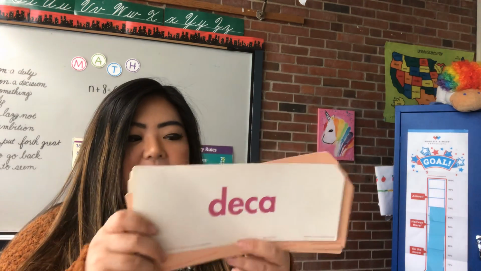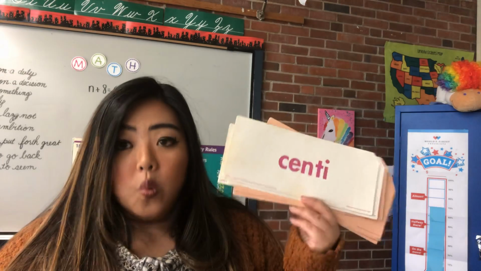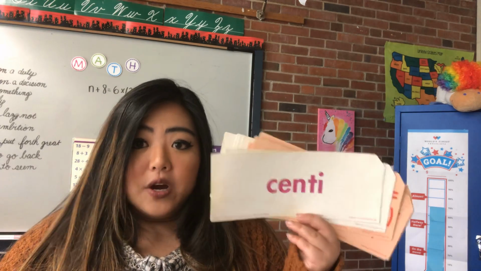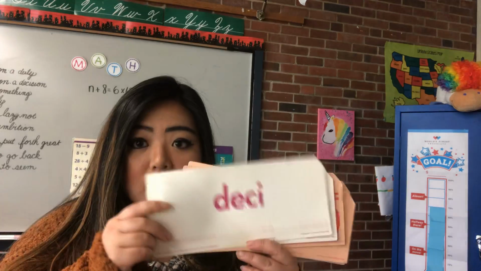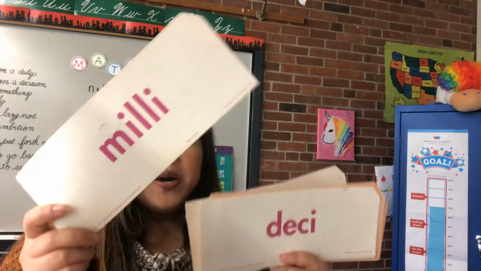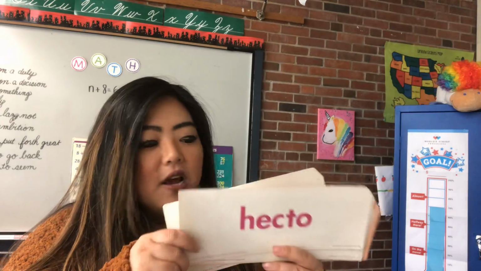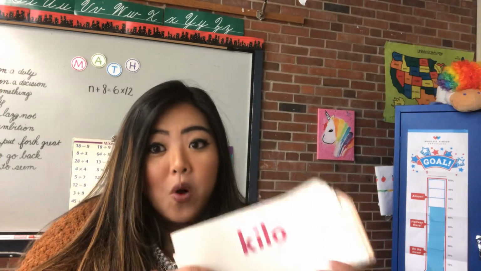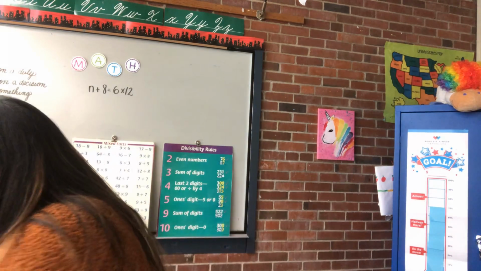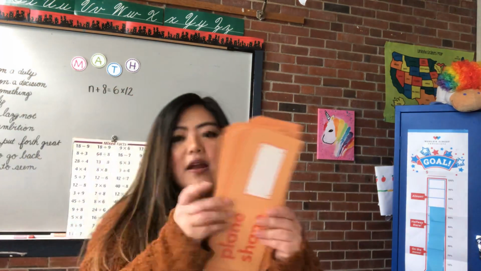Decade days, 10. 10 years. 1/100 or 0.01. 1/10 or 0.1. 1/1000 or 0.001. 100. 1,000. Awesome. Let's review some more.